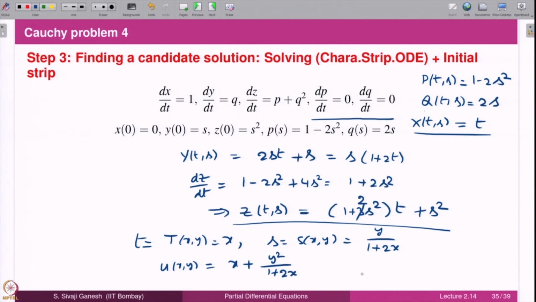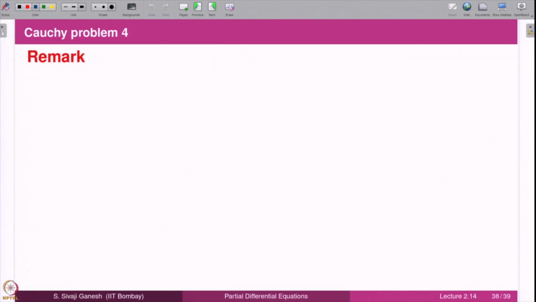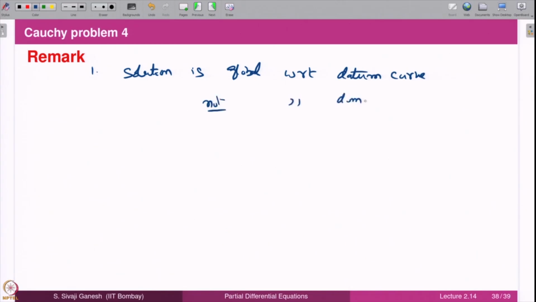So, once again the solution is global with respect to the datum curve, but not global with respect to the domain. As we see, the formula has a denominator 1 plus 2x somewhere. So, there is a problem at the point when the denominator is 0.